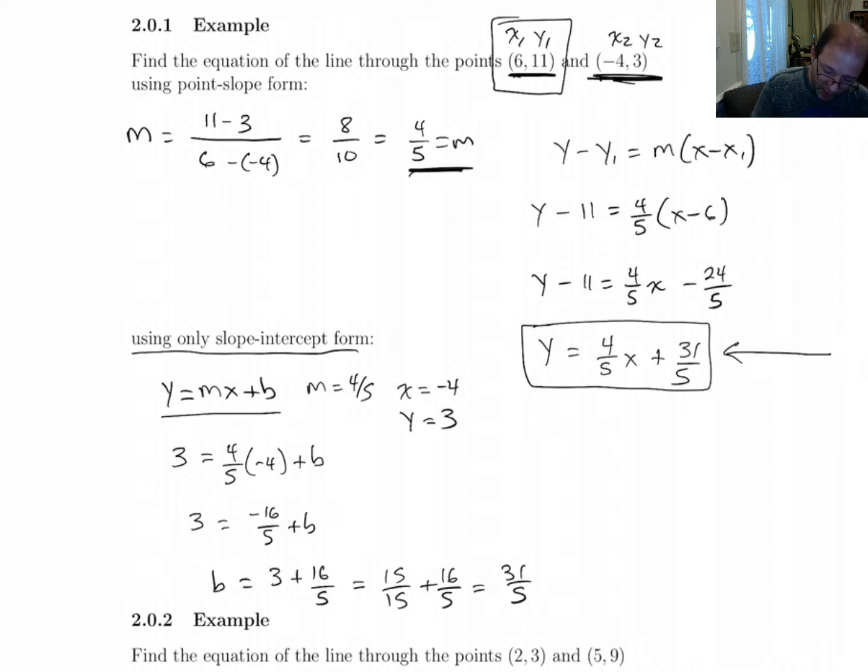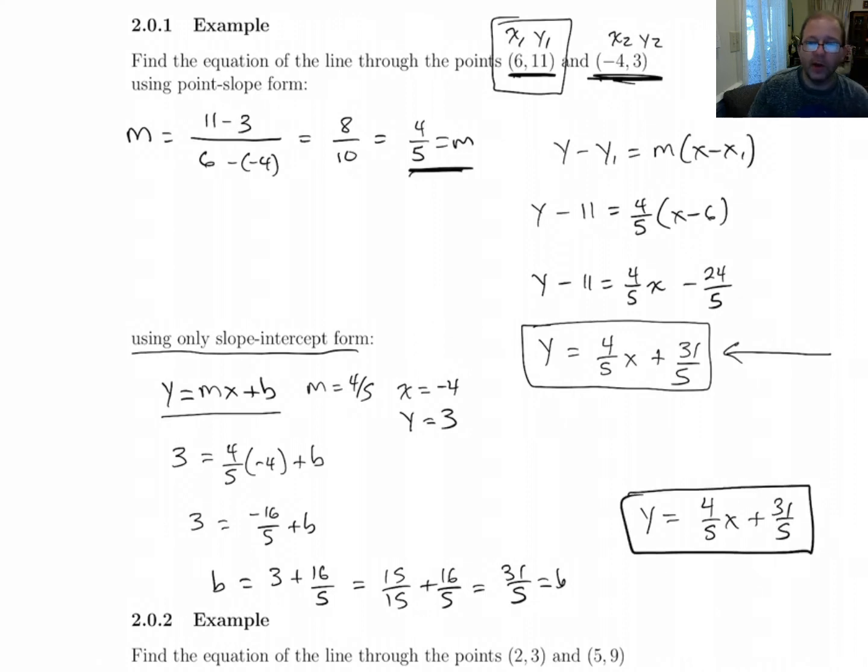So I've got my b, I've got my m. So y equals mx plus b. So you can do it this way or the other way and you get the same answer. I don't care which way you do it. To me, this up here is the more natural seeming way to do it, but they're both perfectly fine.